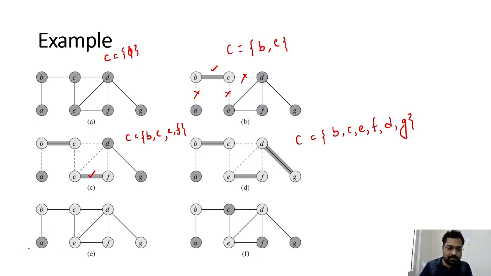So this one is the approximate vertex cover, or AVC. We have selected B, C, D, E, F, G. This is the number of vertices we have selected.